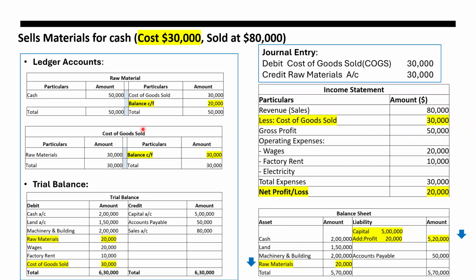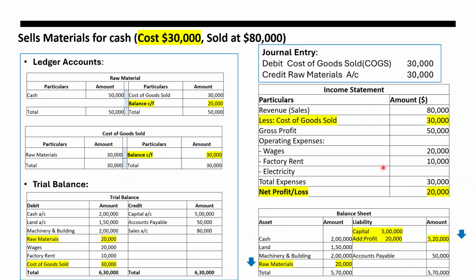Cost of goods sold has been debited for 30,000, so that account also has a debit balance of 30,000. When we bring this to the trial balance, the raw material balance is 20,000, cost of goods sold is 30,000. The figures add up and the trial balance tallies on both sides, confirming arithmetic accuracy.